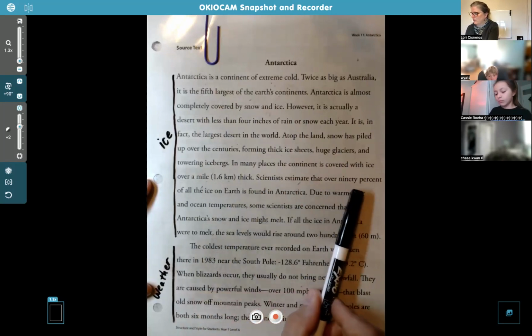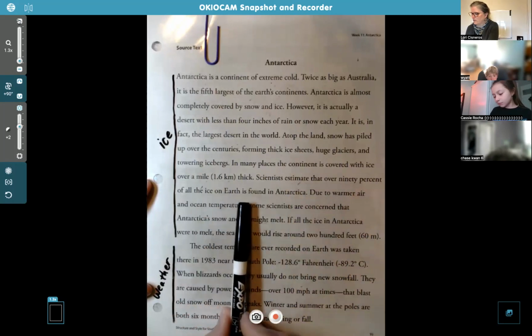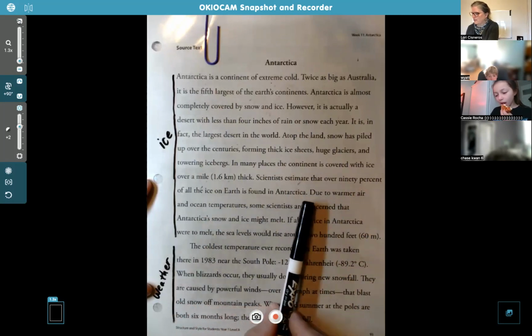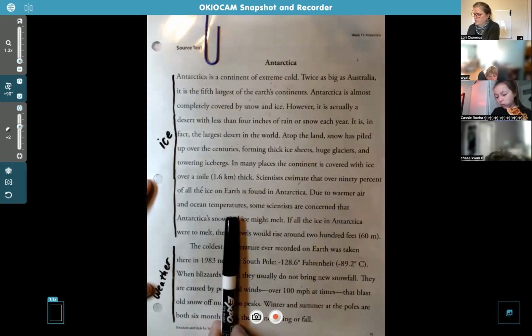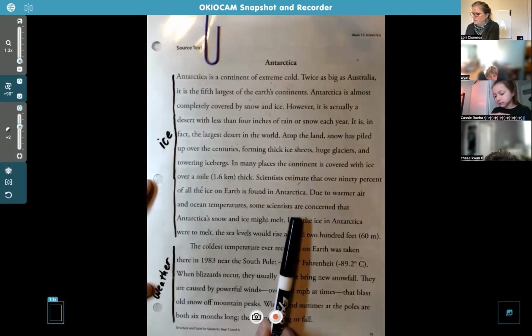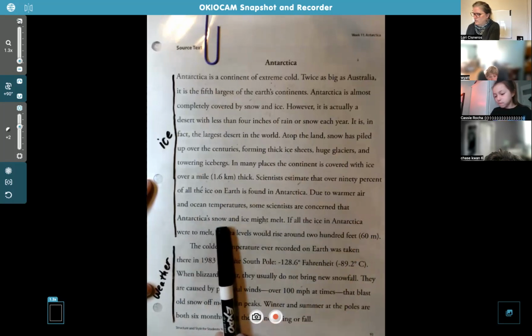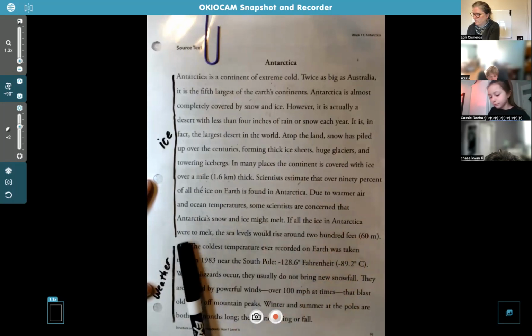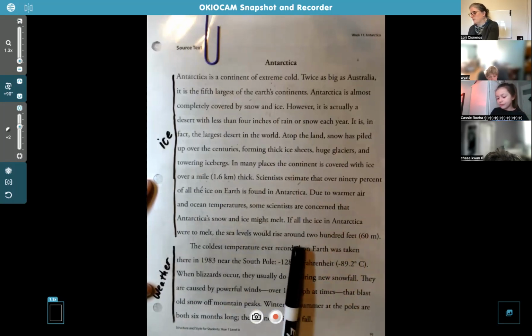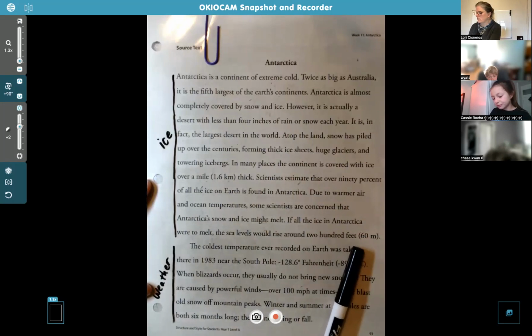Scientists estimate that over 90% of all the ice on Earth is found in Antarctica. Due to warmer air and ocean temperatures, some scientists are concerned that Antarctica snow and ice might melt. If all the ice in Antarctica were to melt, the sea levels would rise around 200 feet or 60 meters.